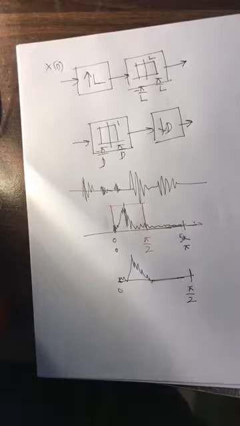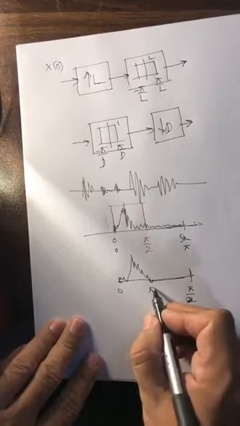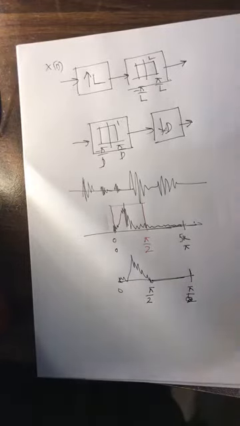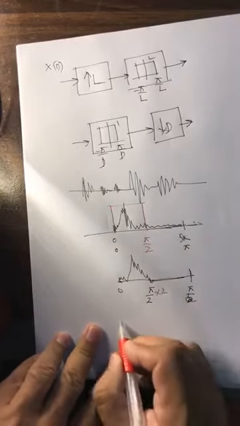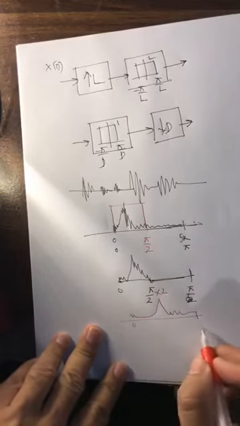You have cleaned up your spectrum. Sorry, this is pi. You have cleaned up your spectrum from pi by 2 to pi, because once you are throwing away samples, this will be multiplied by 2, and your spectrum, as you have seen, will look like this, 0 to pi.